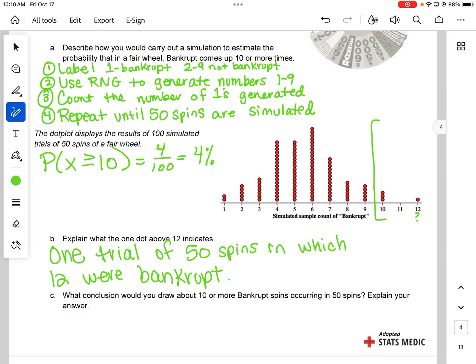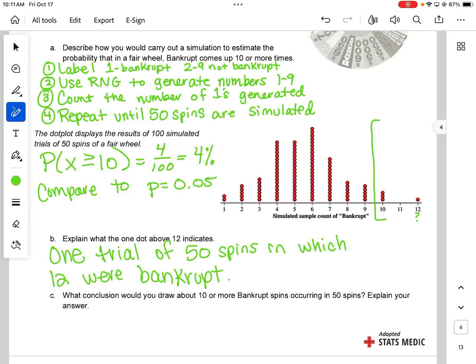Yesterday we had a mini look at whether something is unusual or not. Today I'm going to give you a value to determine if it's unusual or not. 5% is considered unusual, so anything below that is unusual. So it's unusual to have 10 or more bankrupts in this situation. Compare to, actually I'm going to use it as a decimal, P equals 0.05.